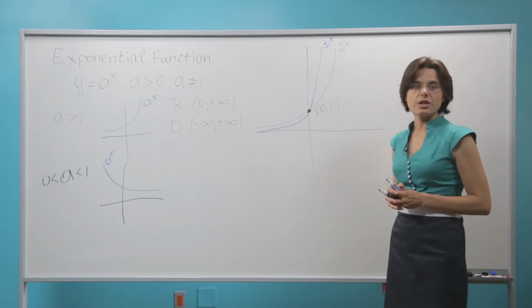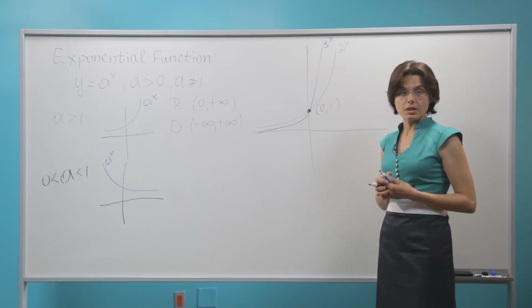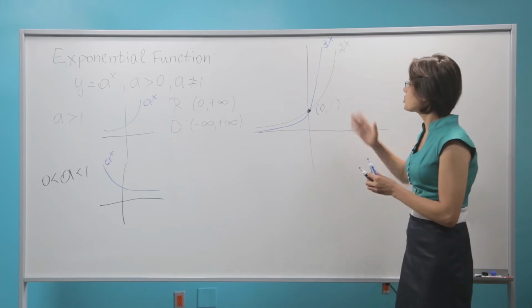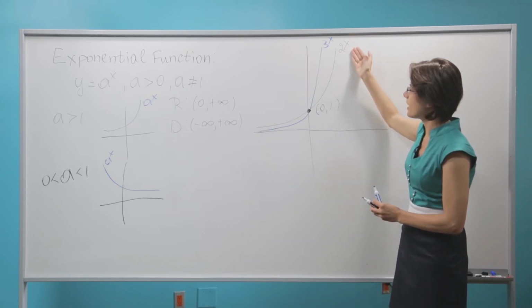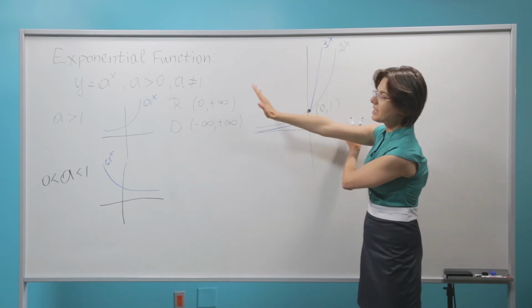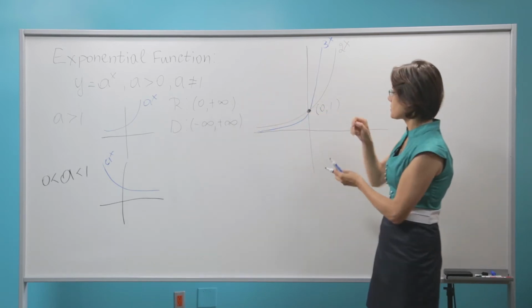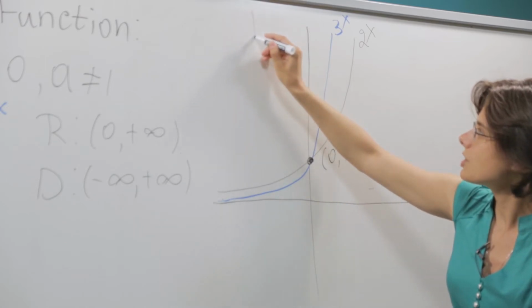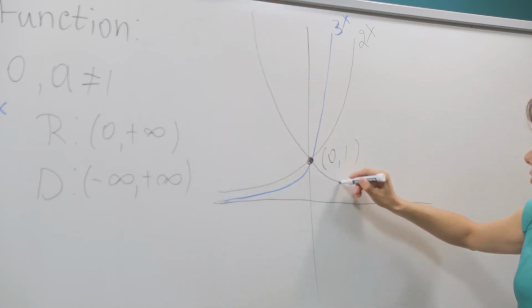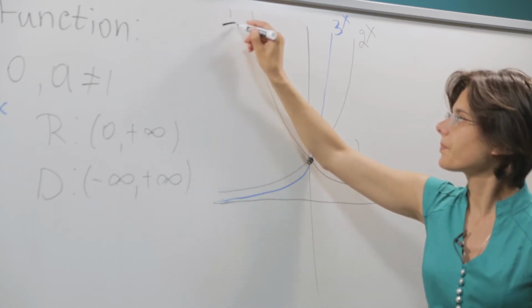If we wanted to construct a function with base between 0 and 1, we would just take an exponential function, let's say 2 to the power of x, and flip it symmetrically over the y-axis. So my function (1 over 2) to the power of x will become just the symmetric function to 2 to the power of x.